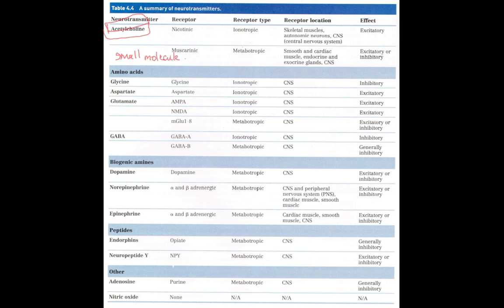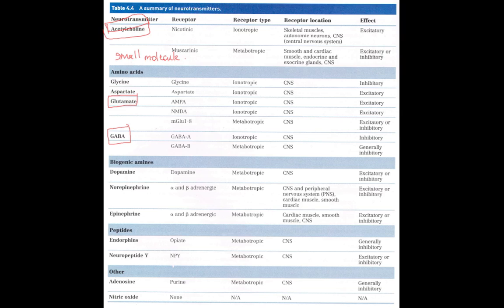Another group would be the amino acids. In case you didn't know before, some amino acids actually act as neurotransmitters. The two main amino acid neurotransmitters are the ones that we'll be discussing today, which are glutamate and GABA.